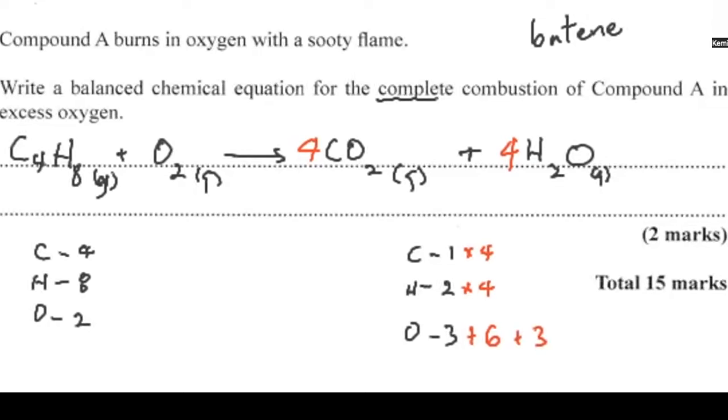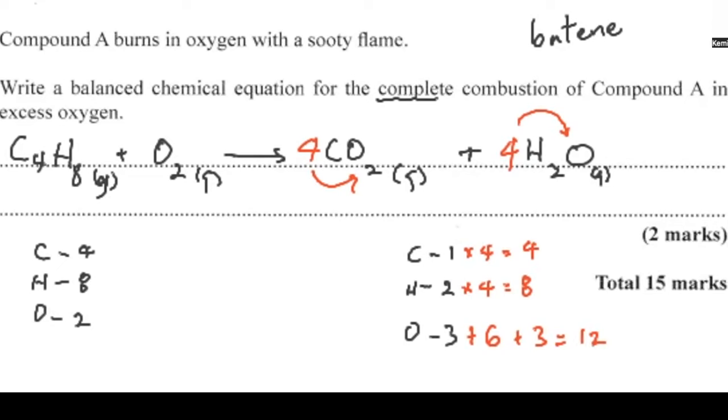So total hydrogens on the right, 4 times 2 is 8, and then 4 times 1 is 4, so that's a total of 12 so far. Hydrogen on the left, 8. Carbon, 4. On the left hand side, we still have 4 carbons, so those are fine. We have 8 hydrogens on the left, that's fine.